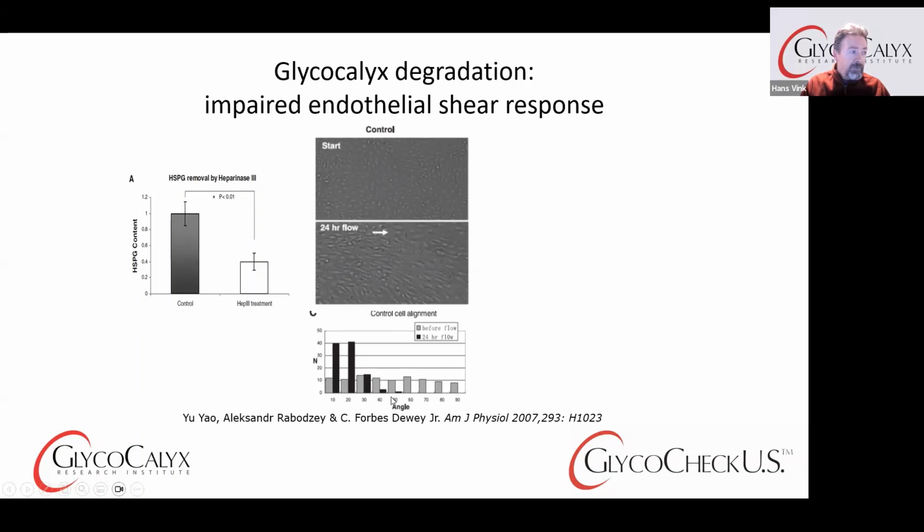So at start, you see that there's a random orientation of the cells. You have angles between 0 degrees and 90 degrees between the direction of the endothelial cells and the blood flow. But if they can sense blood flow with a healthy glycocalyx, after 24 hours, you have only very small angles between the endothelial cells and the blood flow. So they will change their orientation and the way they will act in response to all kinds of different stimuli.